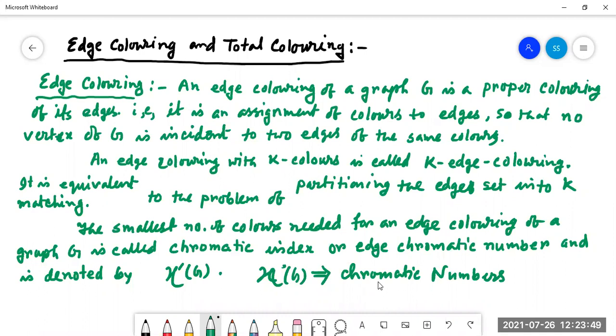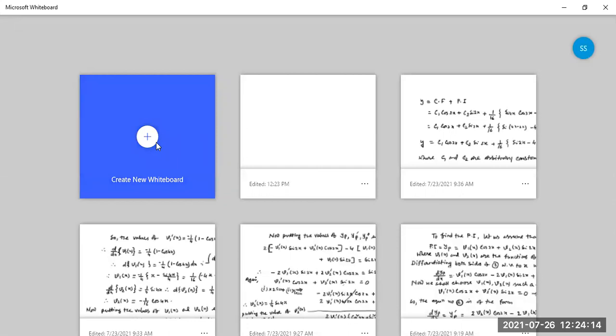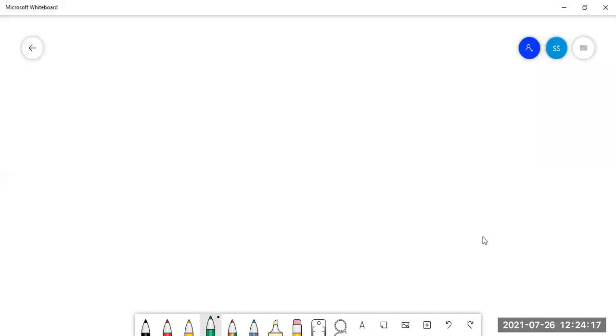Now we are going for the total coloring. Wait for just one minute. Total coloring.